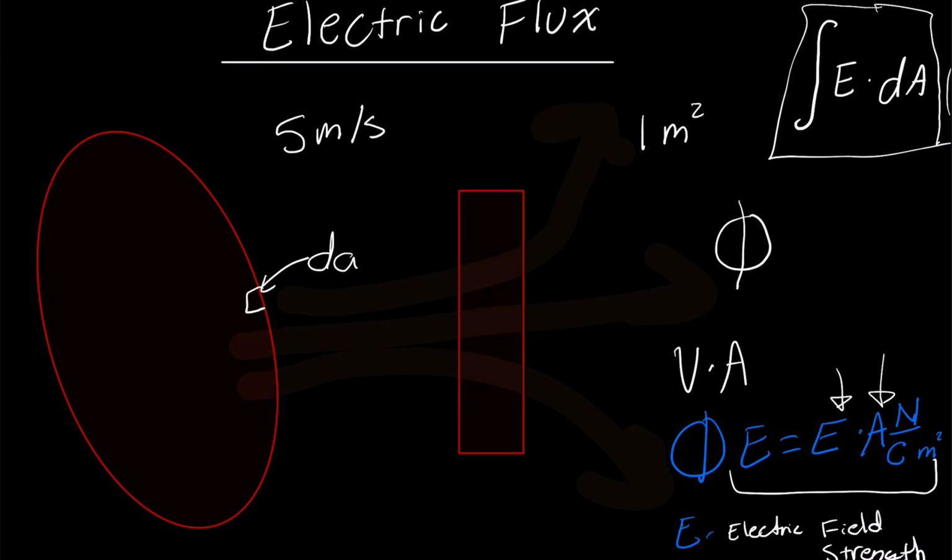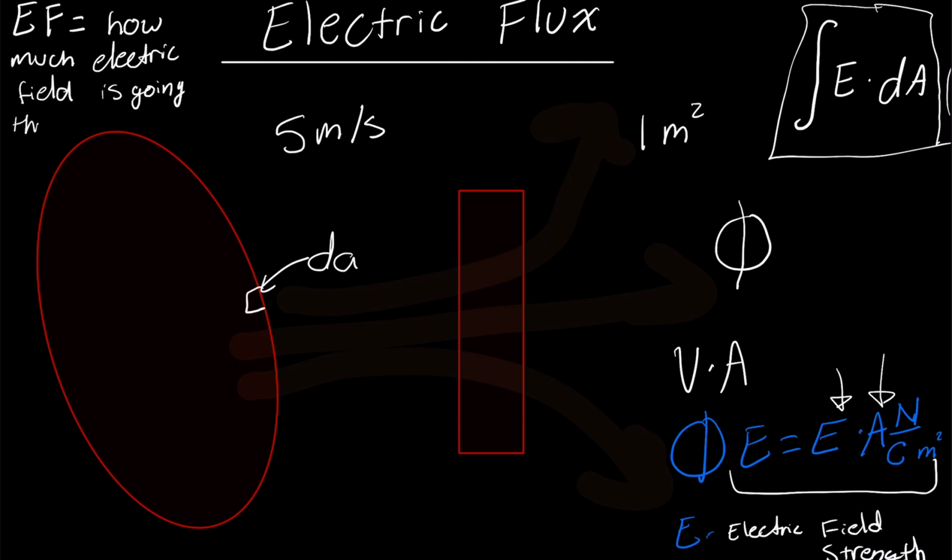So electric flux, I'm just going to write it down as EF, is equal to how much electric field is going through a certain area.